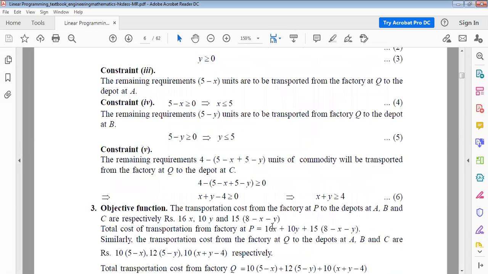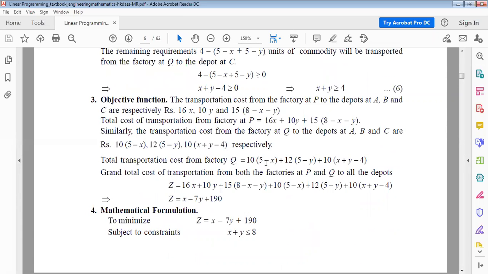Taking the sum of all this: this sum for factory P and this sum for factory Q will give the grand total cost for the transportation problem.